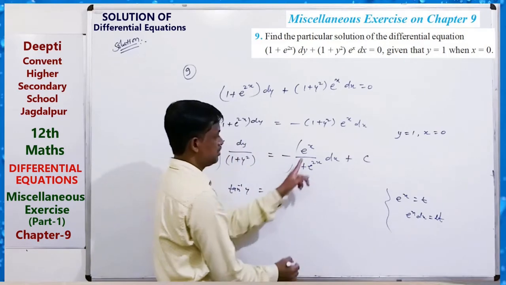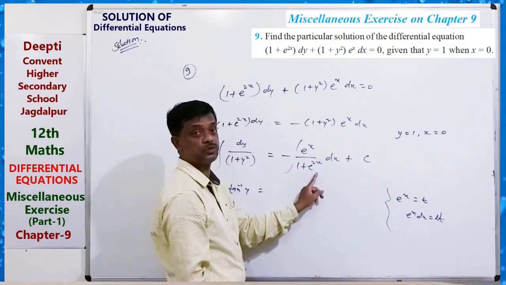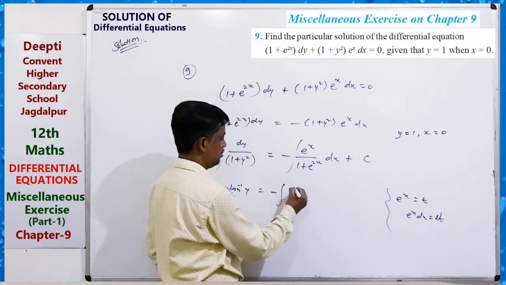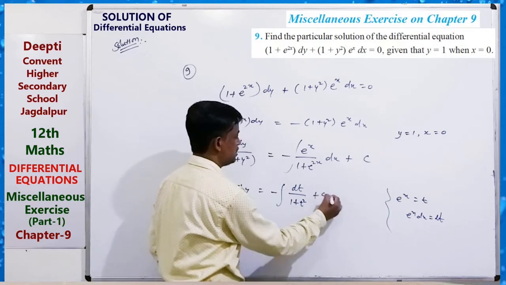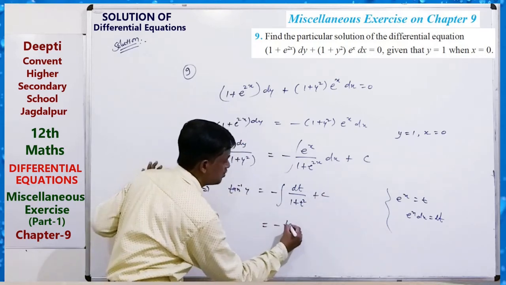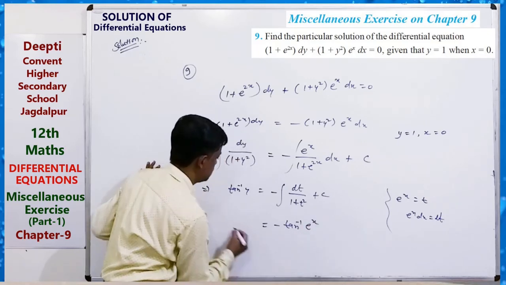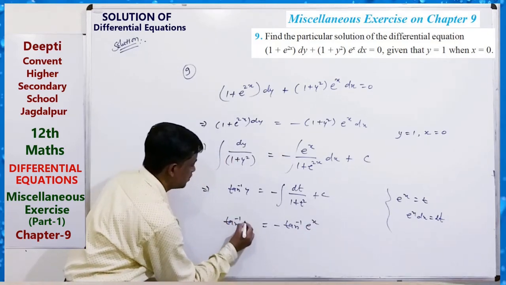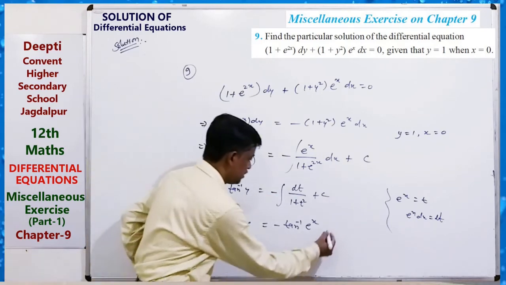So here dt by 1 plus t square plus c. So we can write minus tan inverse t. T means e to the power x. So tan inverse y equals to this plus c.